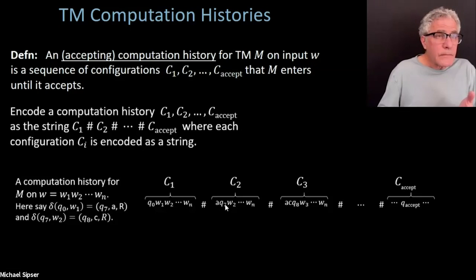And the very first position has become an a because the machine has changed whatever was on the input tape there to an a. Then in the next step, it goes from q7 reading a w2, which is where the head is now. It's looking at the w2, and goes to q8, writing a c, and again moves right. That's why I drew these in the way I did. And so you go through a sequence of those, you get to q accept, and that's the encoded form of the computation history.